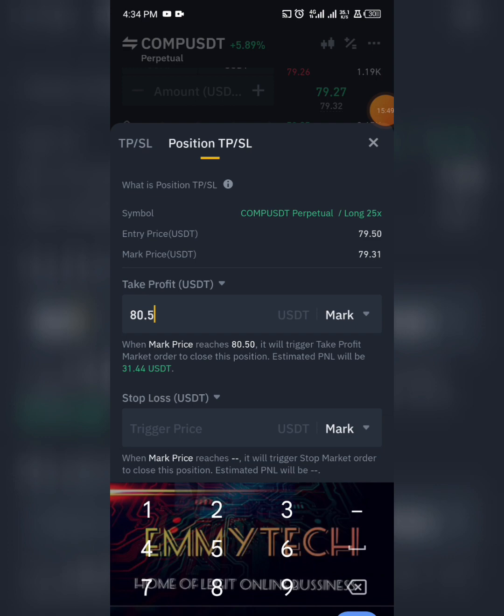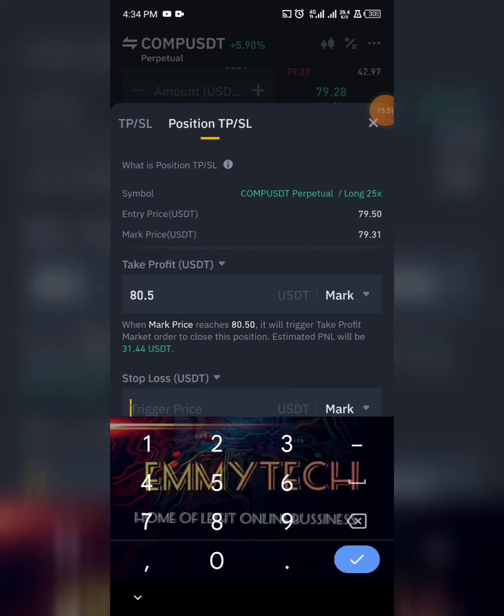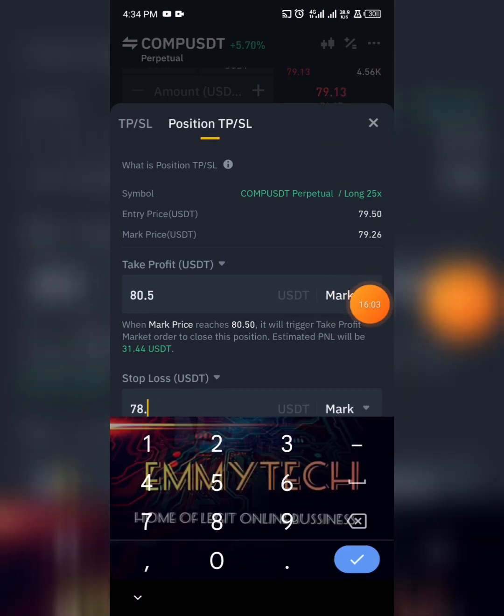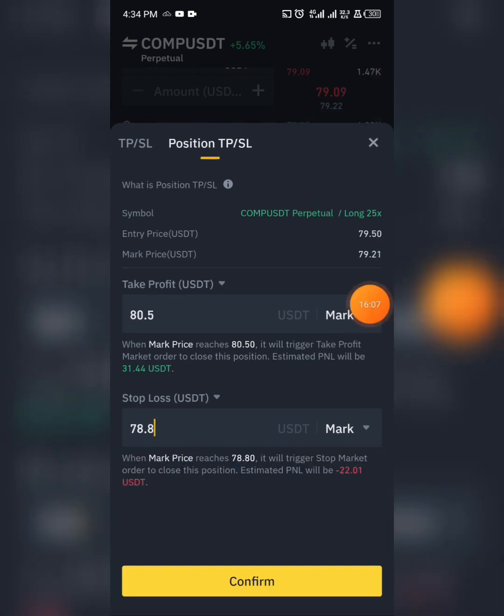Then I want to stop loss when the market goes to $75.5, which means I'm going to be losing $31, or $78.8, which means I'm going to be losing just $22 if the market dips to this level. Once you are done with the settings, you click on confirm.